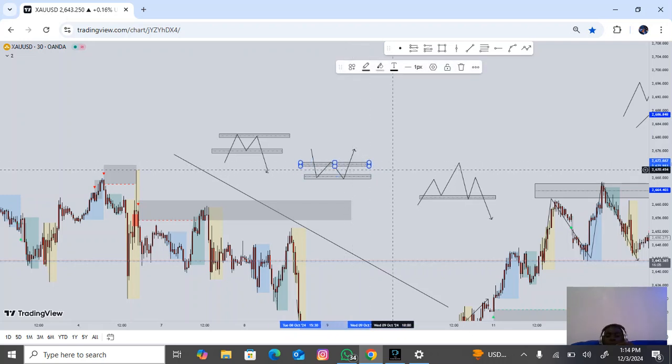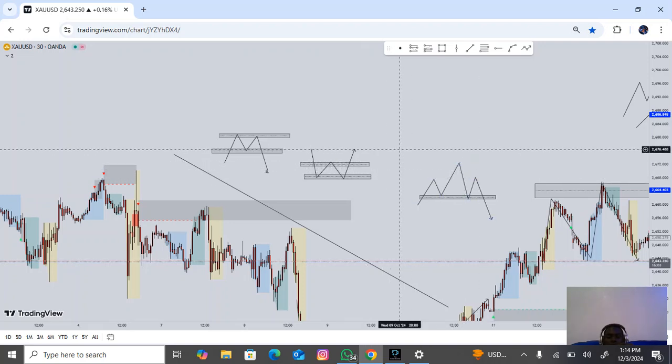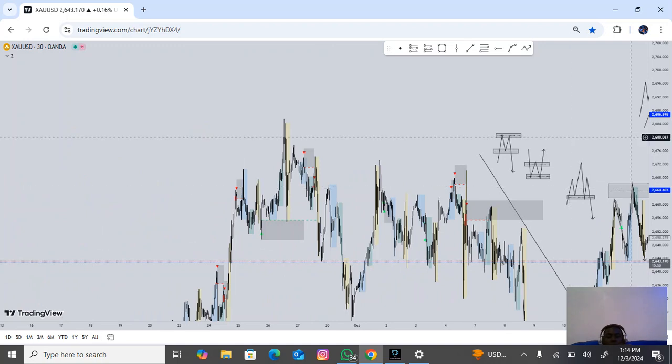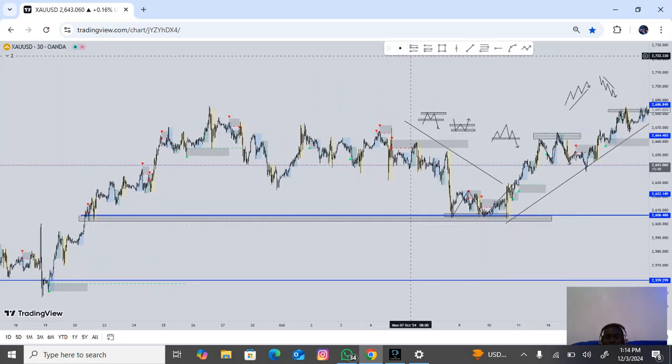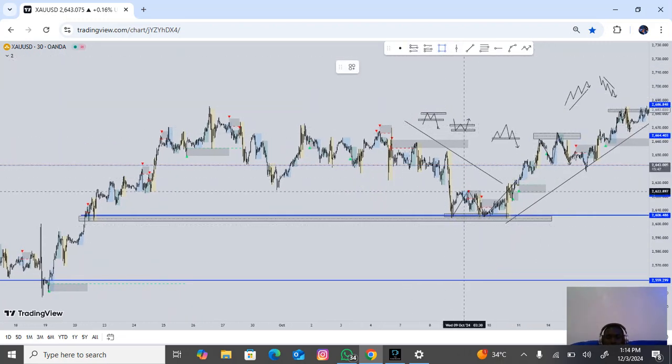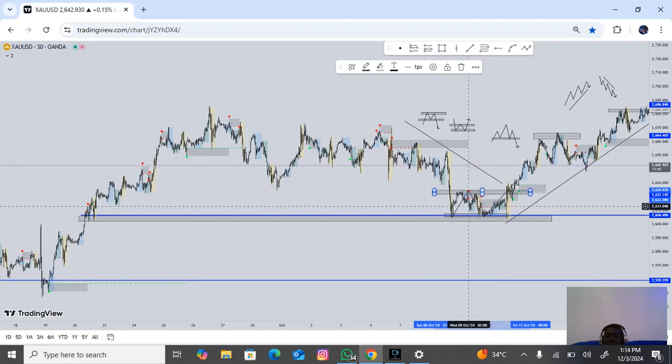So how can you make use of this neckline? Just as we spotted the double bottom at the support area, for you to get a trading opportunity, you have to identify the neckline. You should be sure that yes, it's a double bottom.